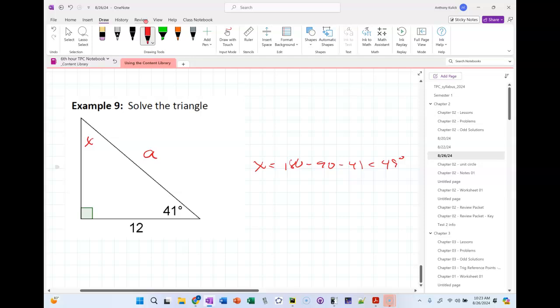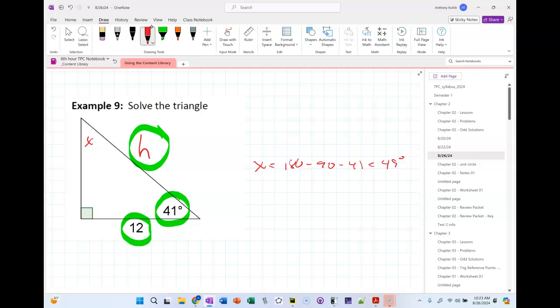All right, let's find that hypotenuse next. I'll call that, well, let's call it h for hypotenuse. That'll be a good name to call that. If I'm using that 41 degree angle, and I'm using the other side that I know, and I'm looking for side h, which trig function should I use? Cosine, very good.